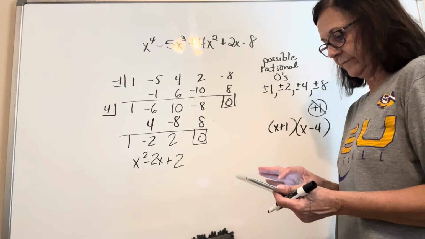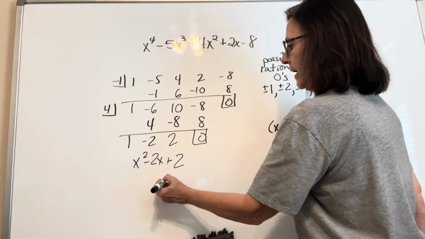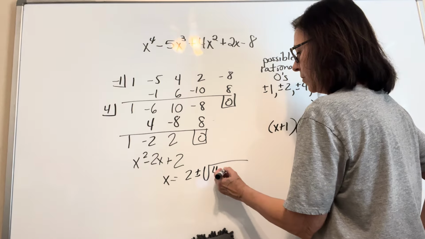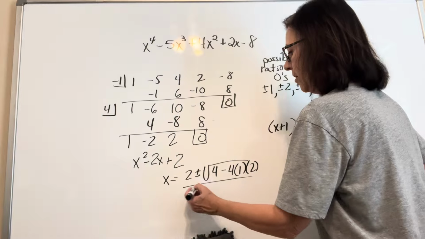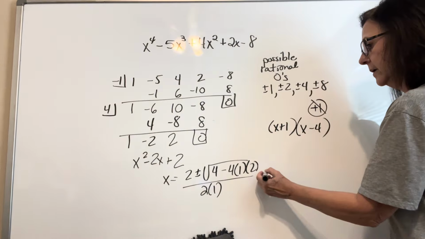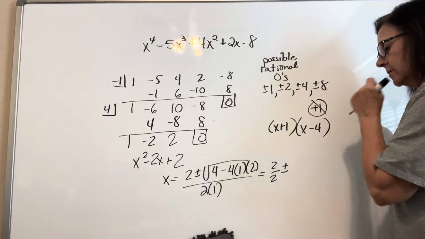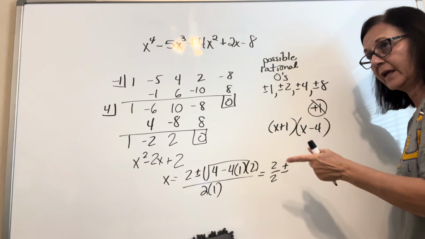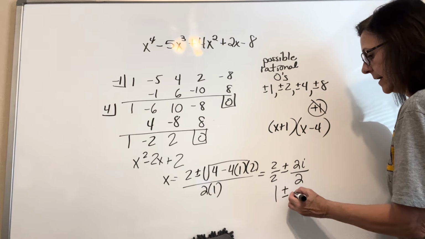So we'll use the quadratic formula: x equals the opposite of b plus or minus the square root of b squared minus 4ac, all over 2a. So it's 2 over 2 plus or minus the square root of 4 minus 8, which is negative 4. The square root of negative 4 is 2i over 2. So it's going to be 1 plus or minus i.